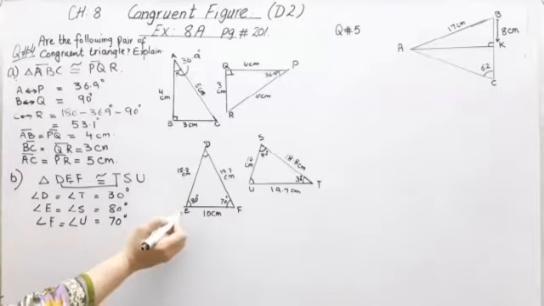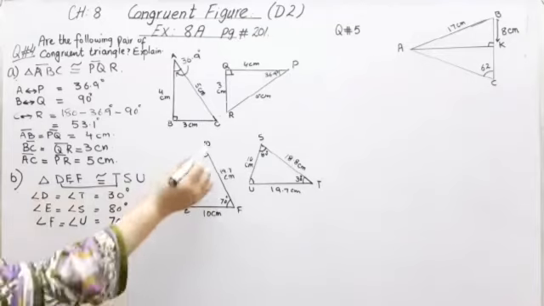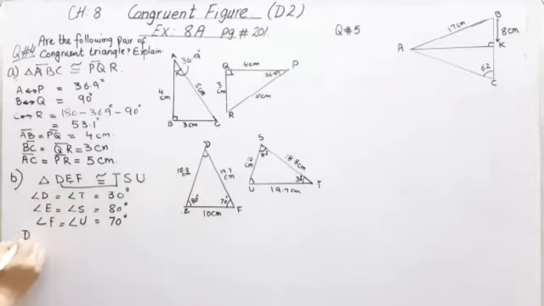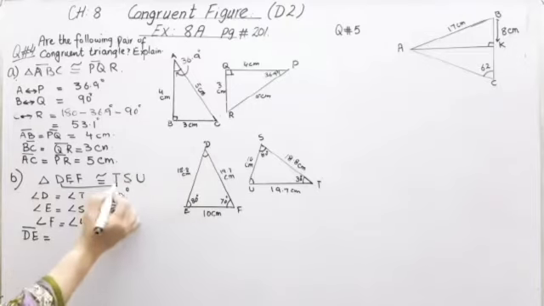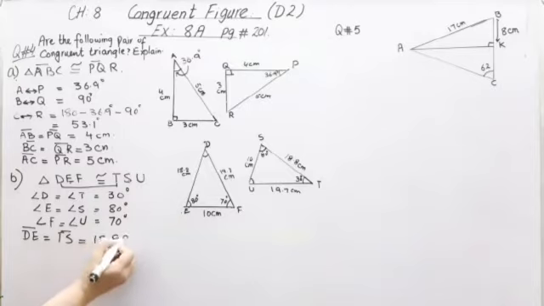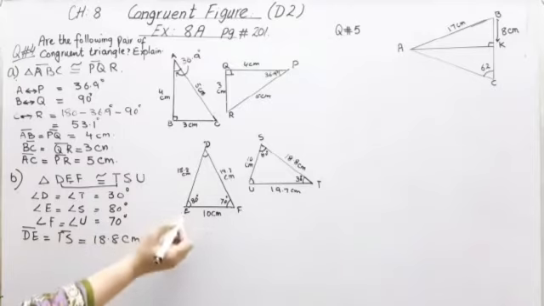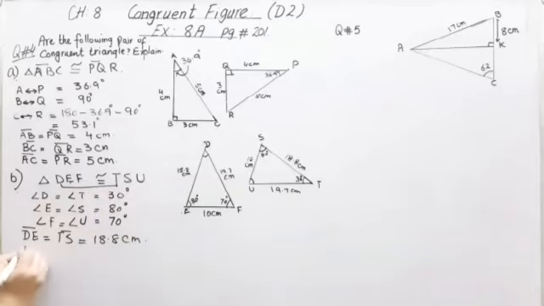Now we compare the sides. Side DE is equal to TS. Both are 18.8 centimeters. And EF is equal to SU.